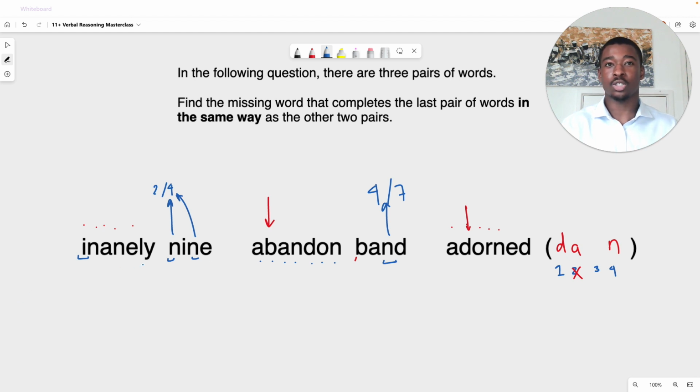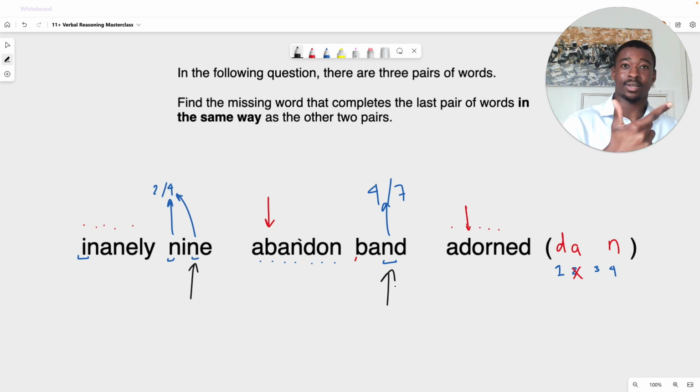Because we can look at the first pair of words and we're told the third letter, N, either comes from position 2 or position 4. But then for our second pair of words, we're told the same third letter can either come from position 4 or position 7. So can you see the position in common?